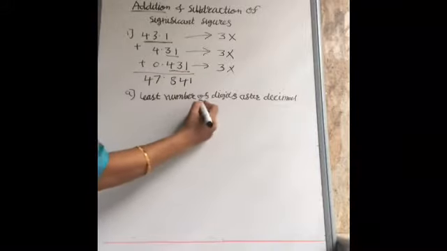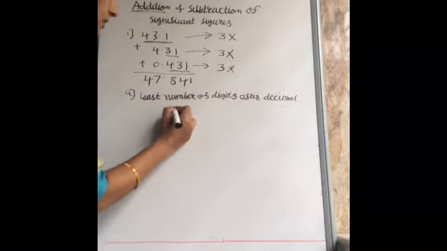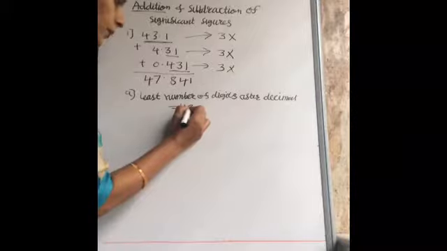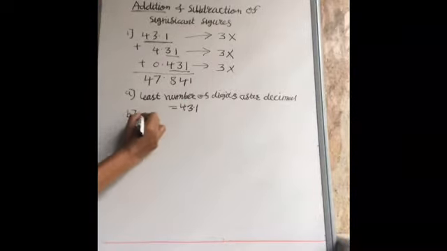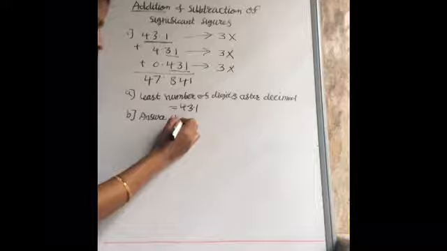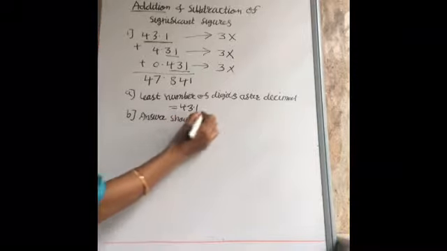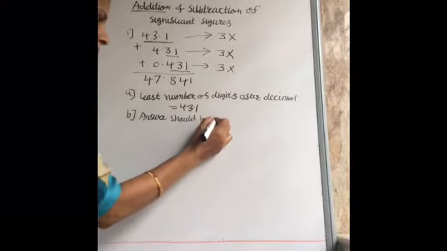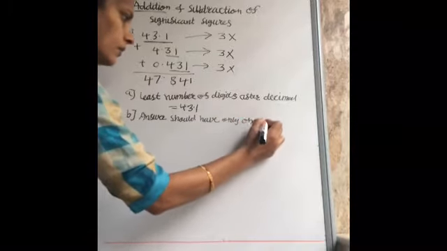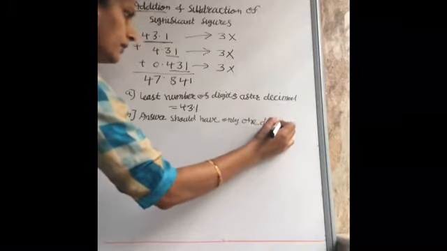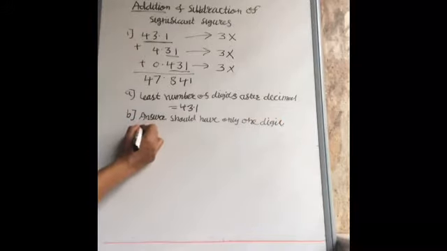So the least number of digits after decimal is in 43.1. So your answer should have only one digit after decimal.